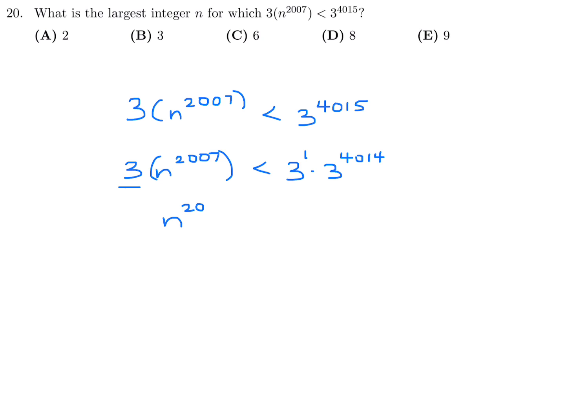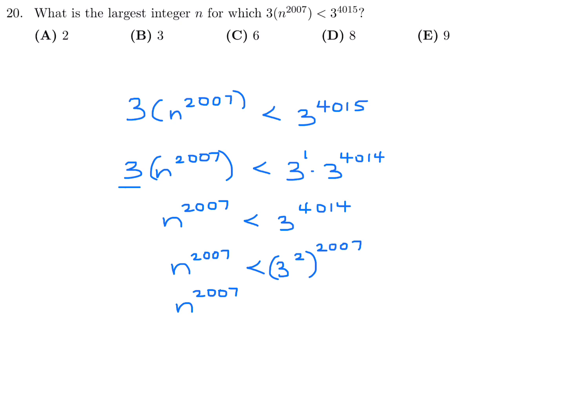So now you're just left with n to the power of 2007 is less than 3 to the power of 4014. Now, 4014, I immediately notice, is exactly double of 2007. So I can write 3 to the power of 2 all to the power of 2007. That is perfectly allowed. And this is n to the power of 2007.